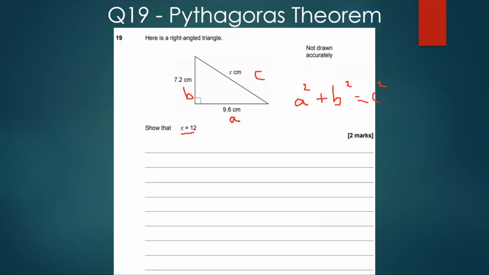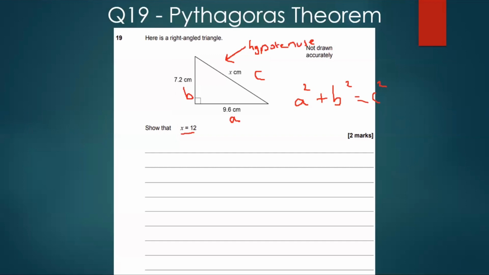It doesn't really matter which one a and b are because they will always be the shorter sides. And the longest length has a special name, which is called the hypotenuse. So in mathematics, the longest side of a right angled triangle is called the hypotenuse.